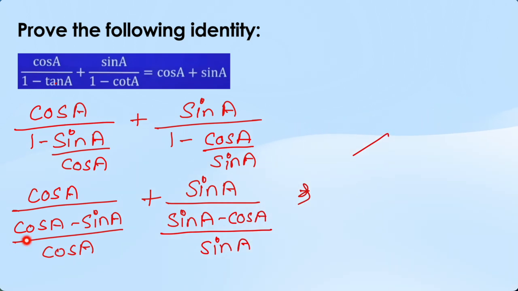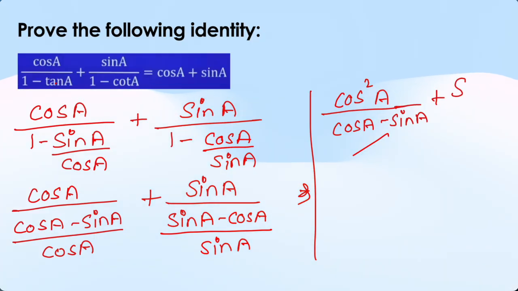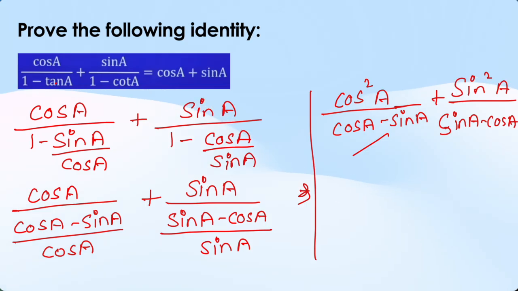Denominator of denominator becomes the numerator. So it will become how much? Cos square A by cos A minus sine A. Right? And here it will become sine square A by sine A minus cos A. Just see one thing. Isn't the base same, just a change of sign?